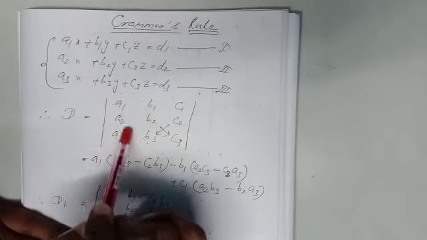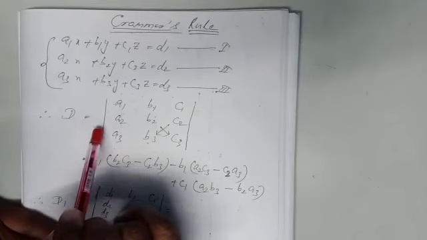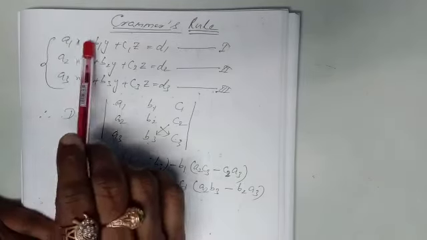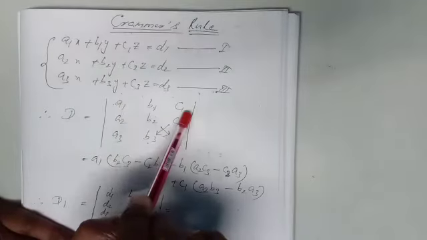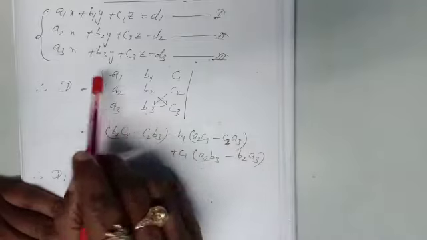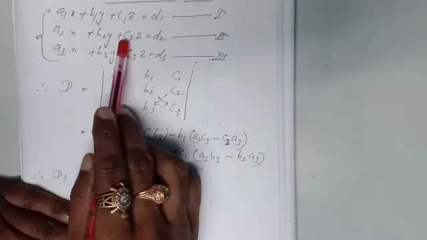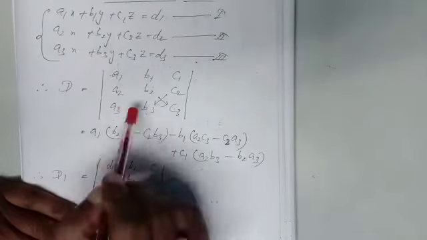Okay, for this we have to find D first. D stands for the determinant consisting of the coefficients of x, y, z. You have to write the first equation's coefficients of x, y, z, that is a1, b1, c1. Second equation, a2x plus b2y plus c2z equal to d2, you take only the coefficients, a2, b2, c2.